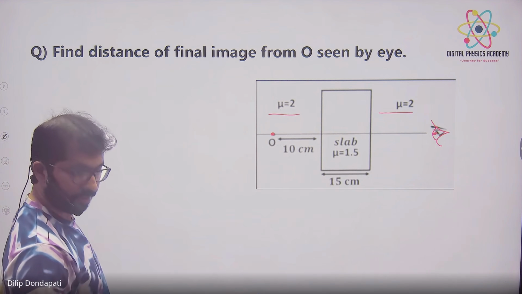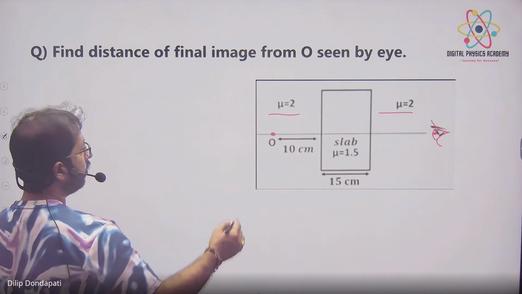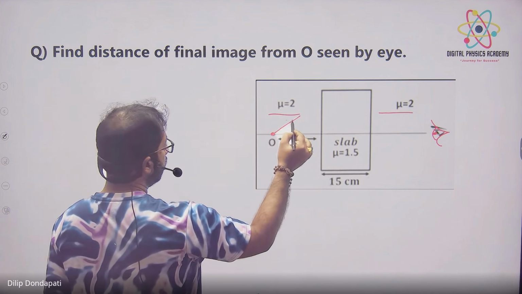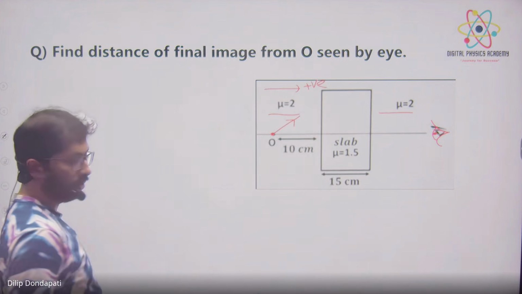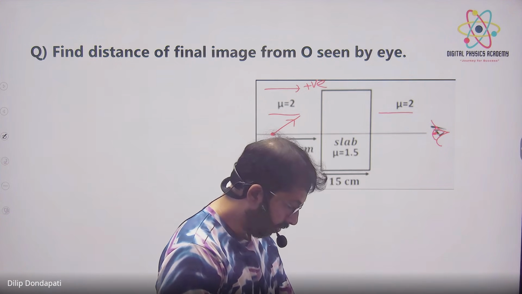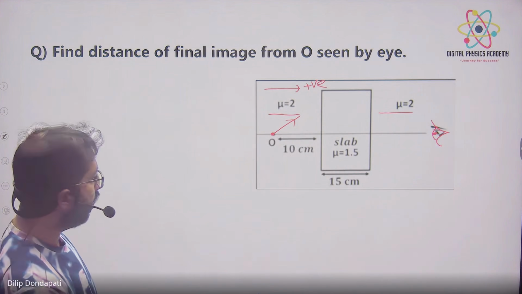Since the object's ray comes in this direction, take this direction as positive. So minus 5, meaning 5 centimeters to the left side.